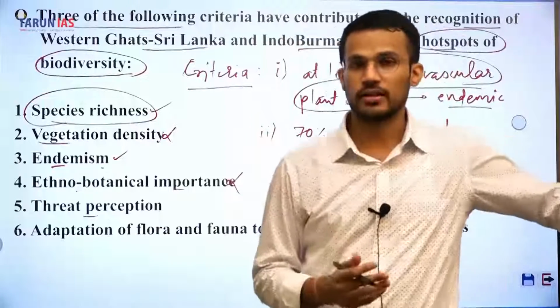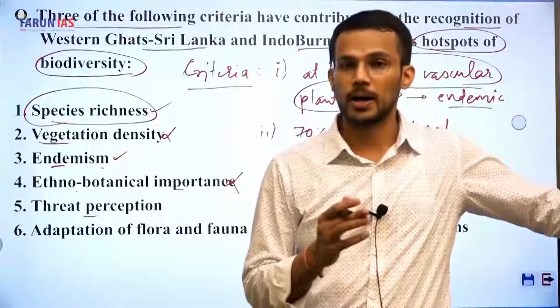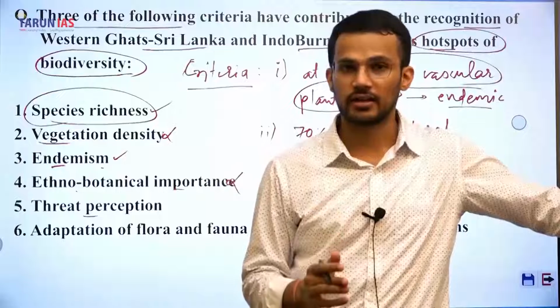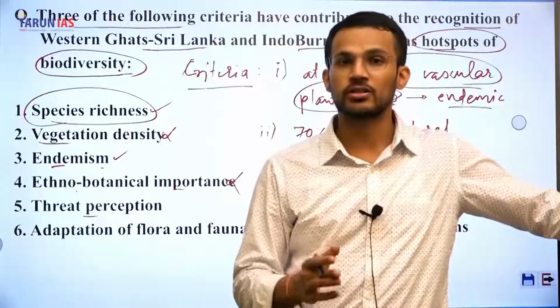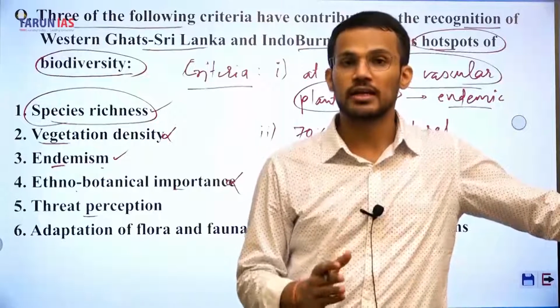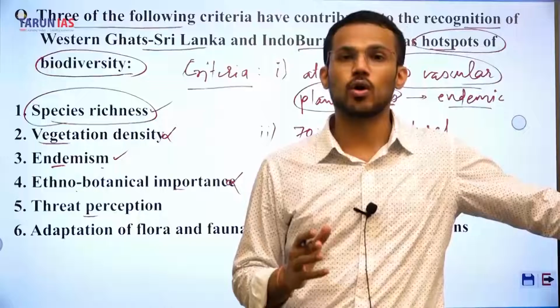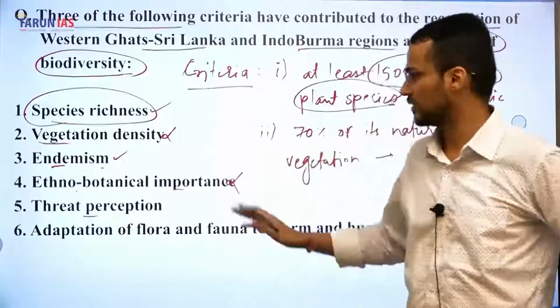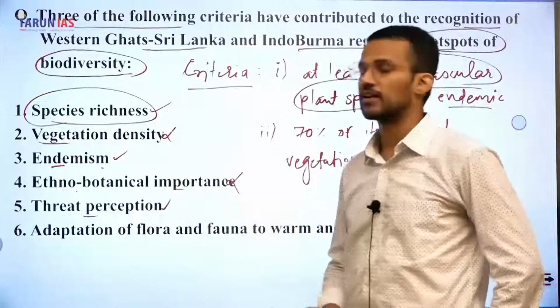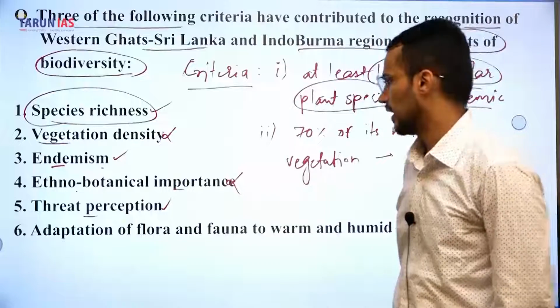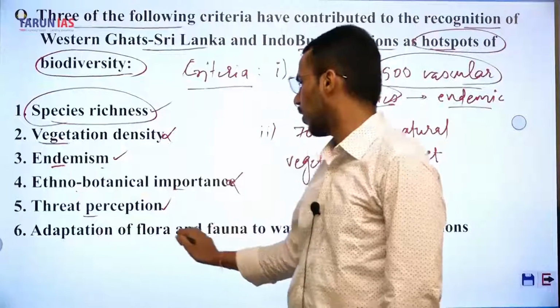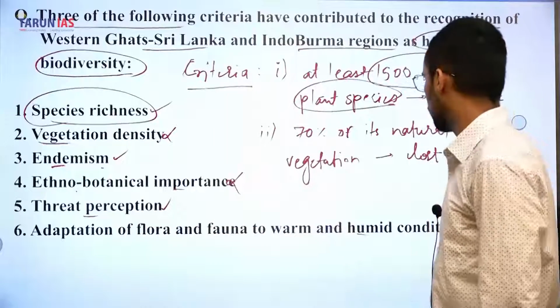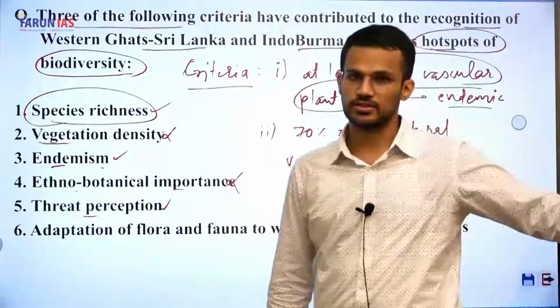So we know that in order to get the biodiversity hotspot tag, a particular location should have lost at least 70% of its original natural habitat. And that's why threat perception is the criteria, right? And last is adaptation of flora and fauna to warm and humid conditions.